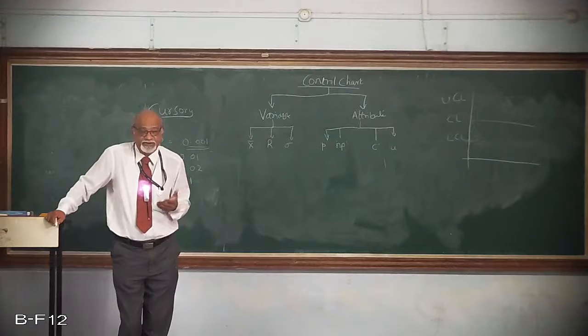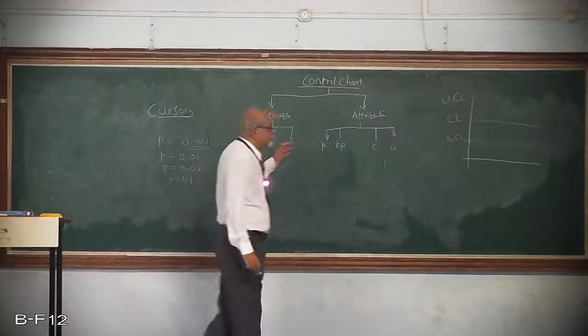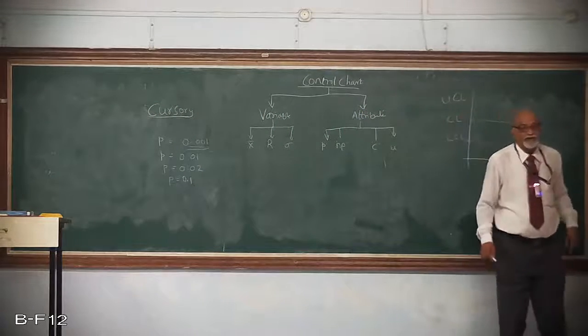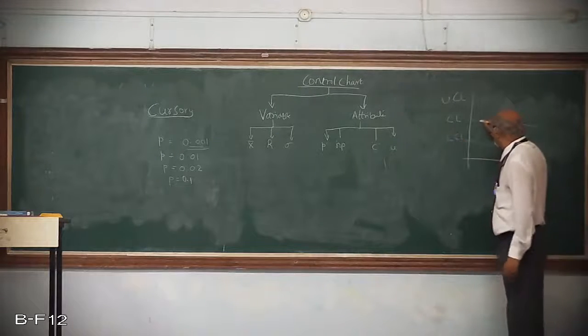Or out of 17, 3 points, like that. Out of 20, 4 samples can fall outside on one side or whatever it is. Otherwise, it should be completely random.